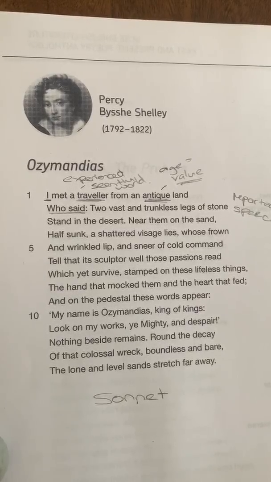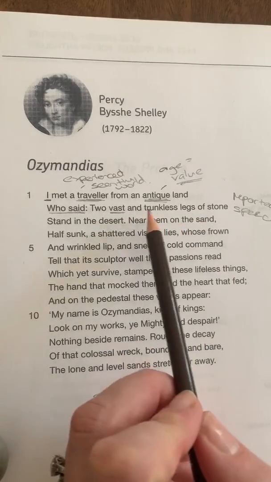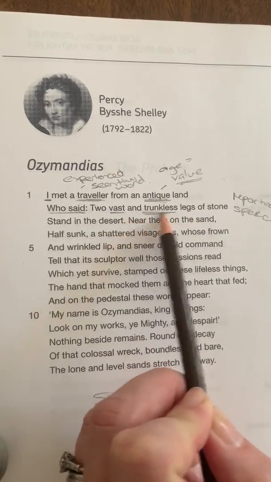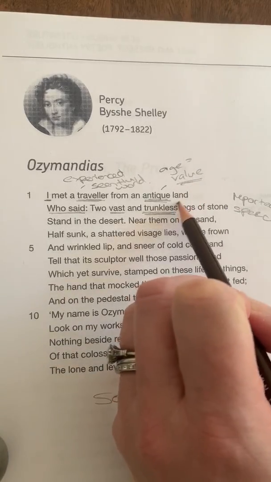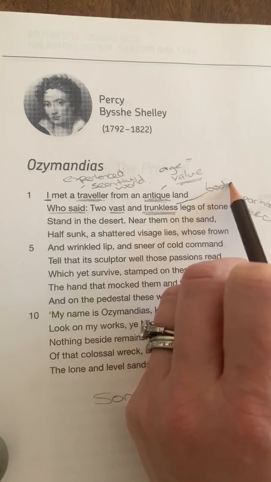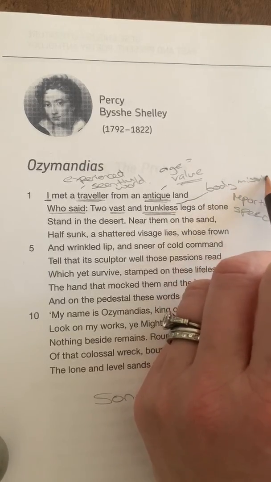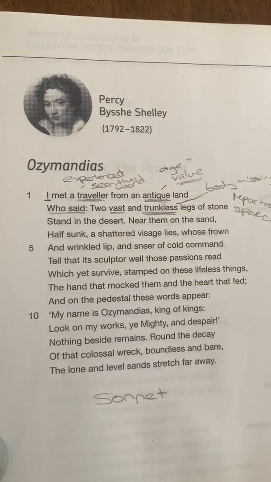Two vast and trunkless legs of stone. Okay, vast, that's your adjective for size. Trunkless, it's nothing to do with elephants, nothing to do with suitcases, but it means that the body is missing. Okay, it is a broken statue. Two vast and trunkless legs of stone stand in the desert.